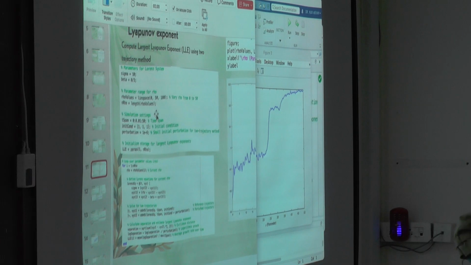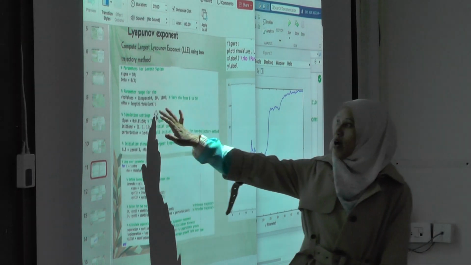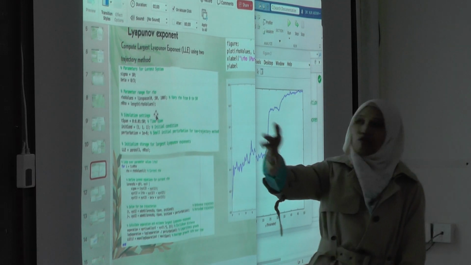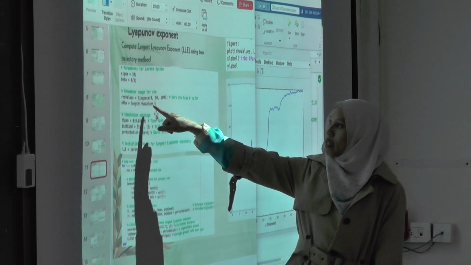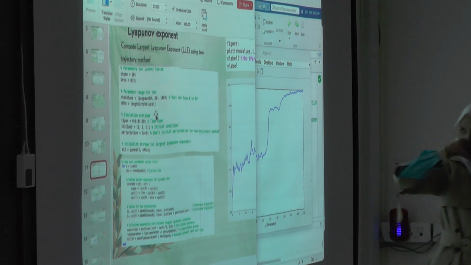You can see from the stability analysis just now, and that's why we vary rho. It's up to you. In my code, I vary rho from 0 to 50.